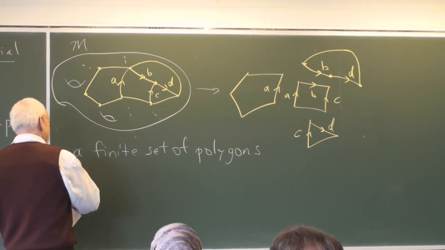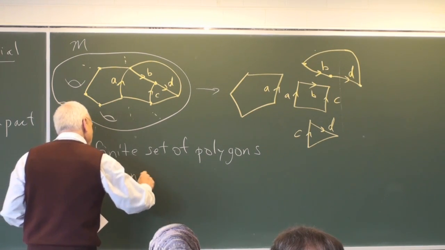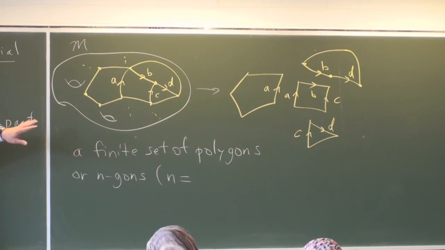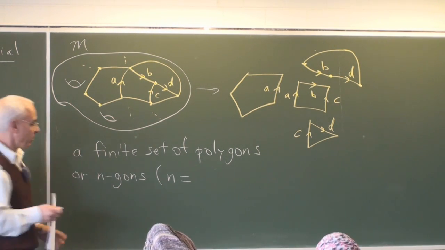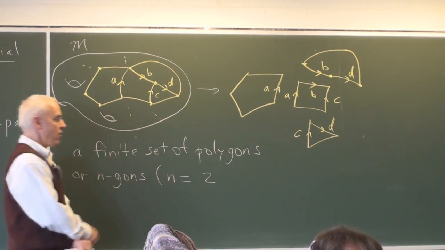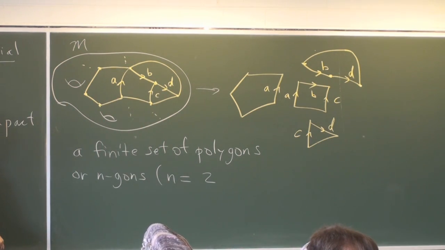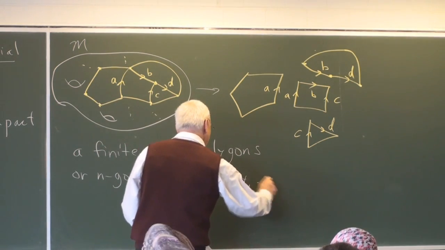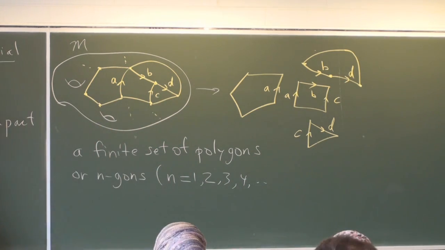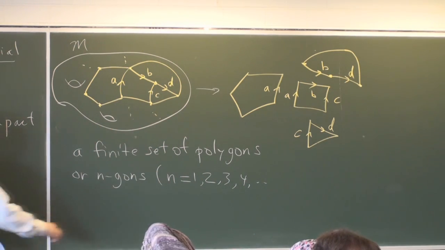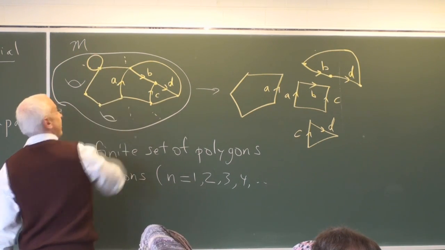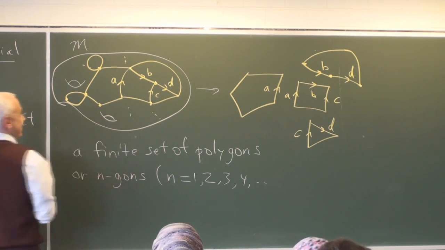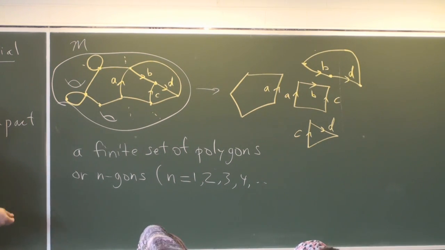So polygons, or n-gons, where n is, well, here we have triangular, quadrilateral, pentagonal pieces, but we could also possibly allow polygons with two sides. And so we can have 2, 3, 4, and so on. And perhaps we could even have polygons of one side. What would that be? Well, that would be something like a single edge like that. Or maybe we could have a polygon with two sides like this. Okay, why not?